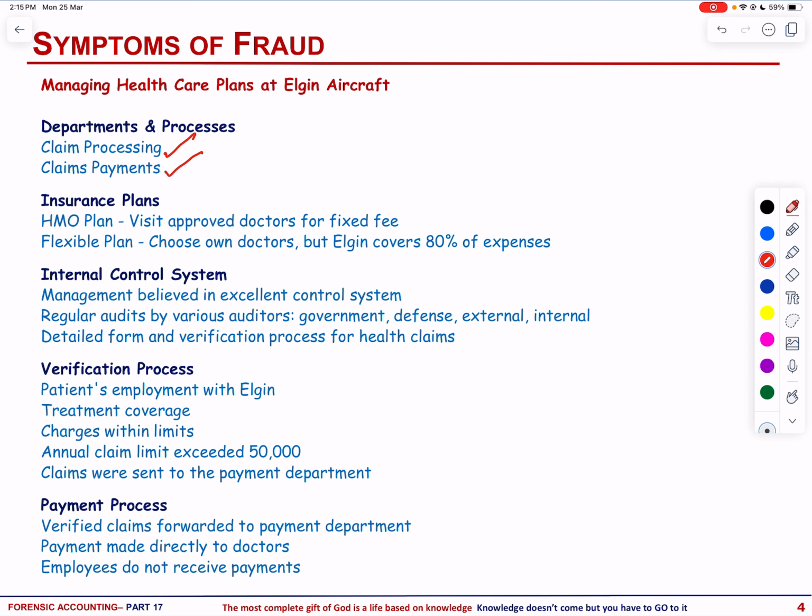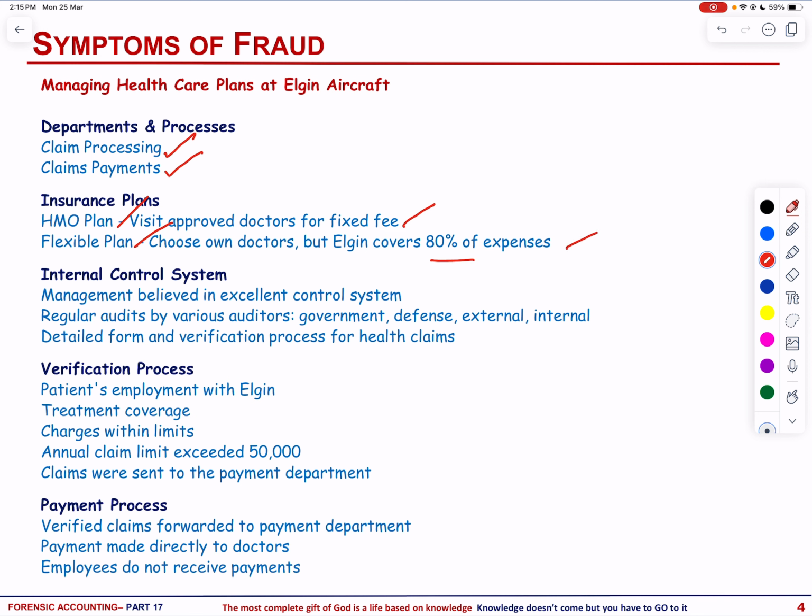Elgin's employees could choose between two insurance plans, a HMO plan and a flexible plan. With the HMO plan, employees visited approved doctors within a network for a fixed fee. The flexible plan allowed employees to choose their own doctors, but Elgin only covered 80% of their medical expenses.